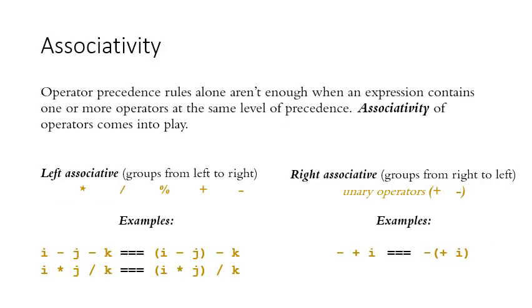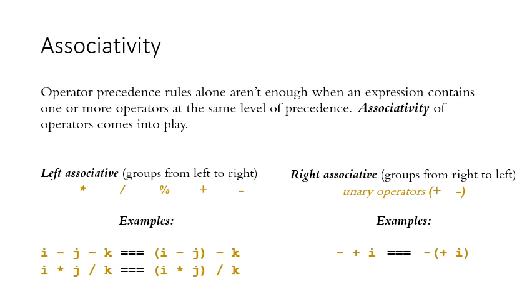The operator precedence rules aren't enough when an expression contains two or more operators at the same level of precedence. In this situation, the associativity of the operators comes into play. The binary operators are all left associative, so we group from left to right. For example, with i minus j minus k, we group i minus j first.